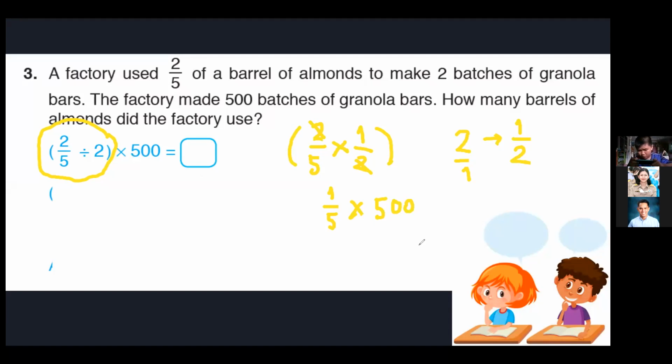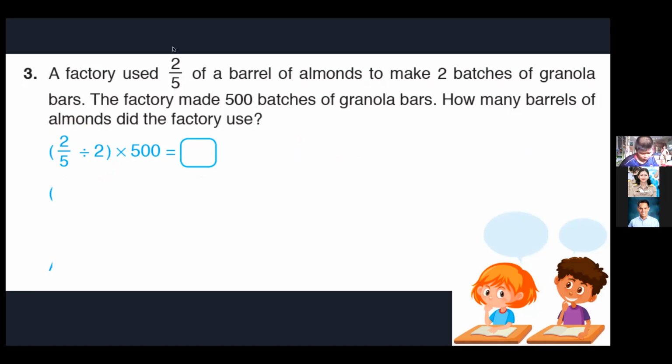Okay, last 1 minute. Two-fifths times 1/2 times 500.